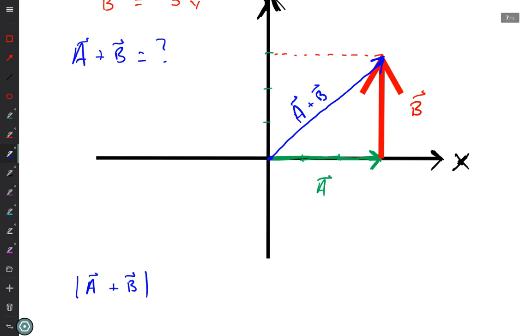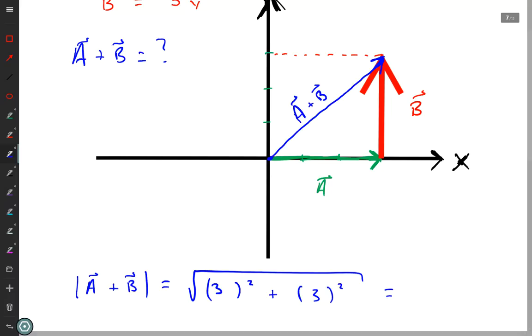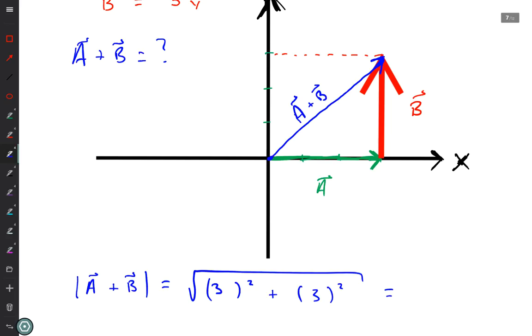So the magnitude of A plus B is going to be found by taking the square root of the horizontal portion, which in this case was 3 quantity squared, plus the vertical portion, this 3 quantity squared. And so that's 3 squared, 9. 9 plus 9 is 18, the square root of 18.